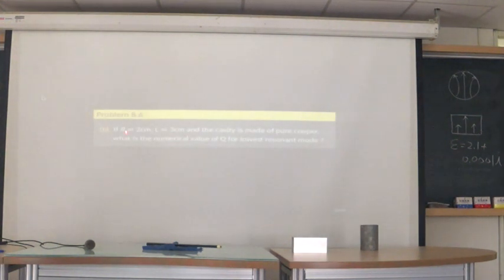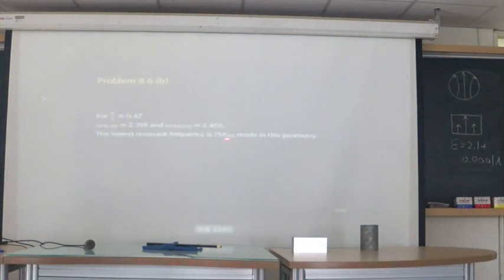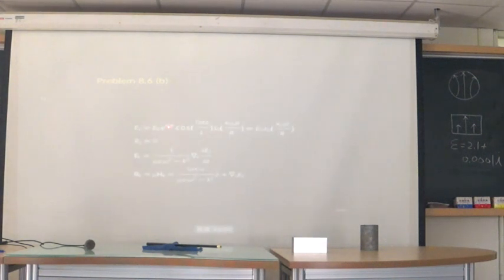Okay, the problem is: if we use real values, R equal to 2 cm and L equal to 3 centimeters, what is the numerical value of the Q factor for the lowest resonant mode? Because we have a specific R over L, we know that for this value, the lowest mode is the TM010 mode.